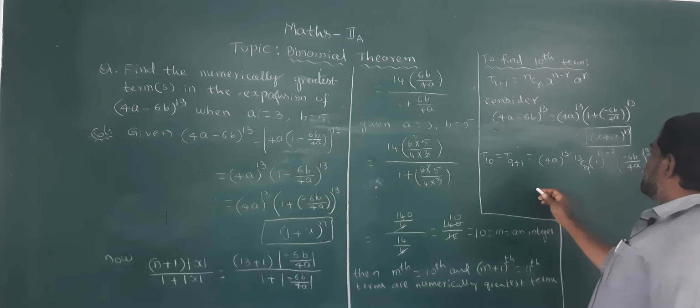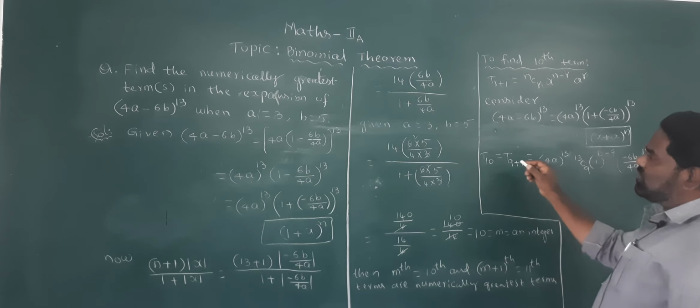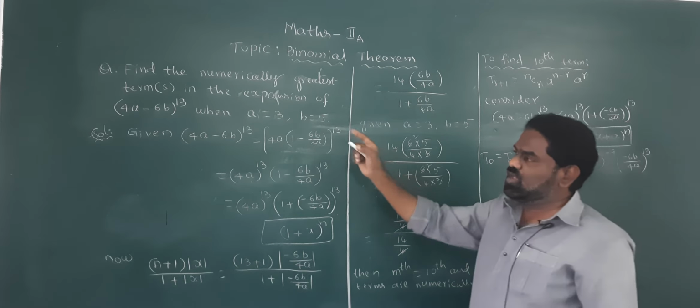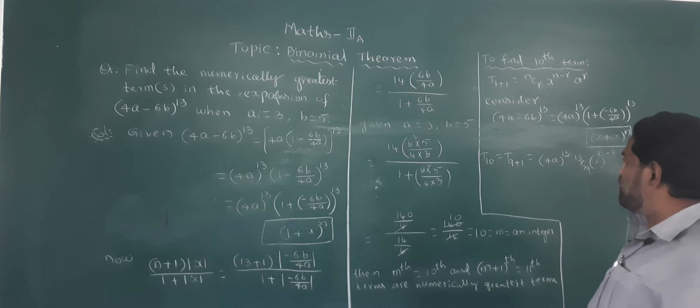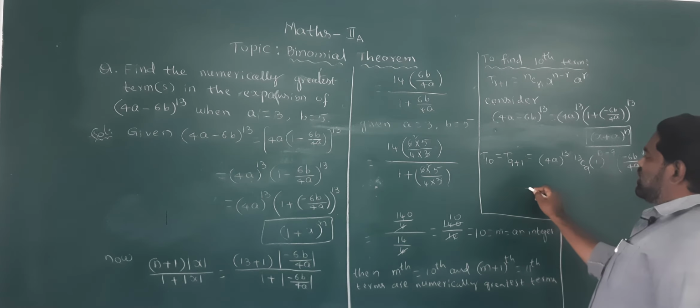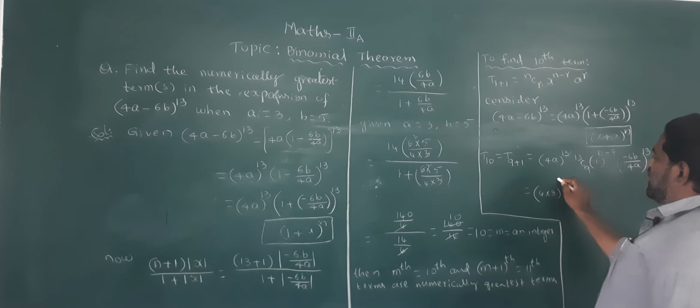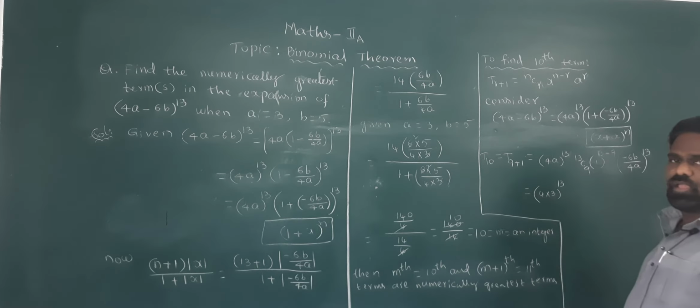This can be taken, according to the question, with a = 3, b = 5, put here: 4 into 3, to the power 13.